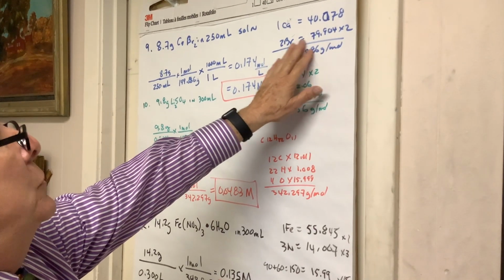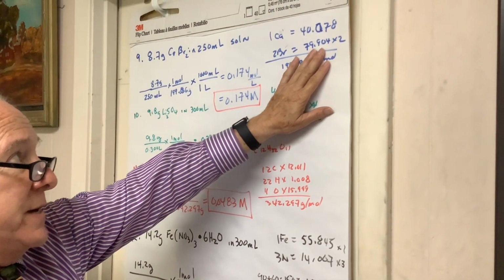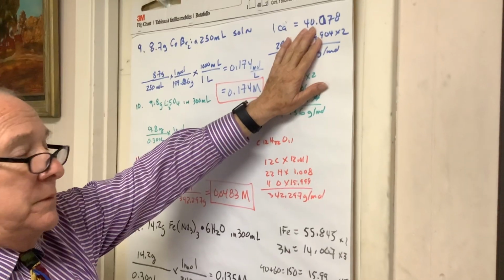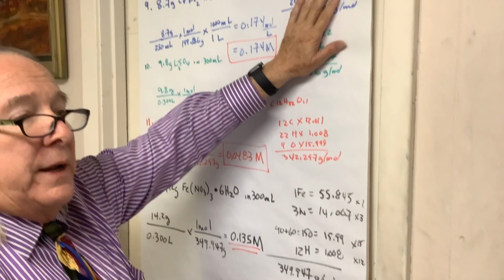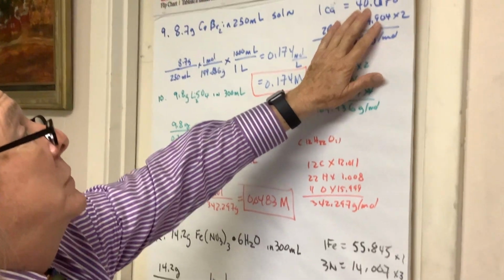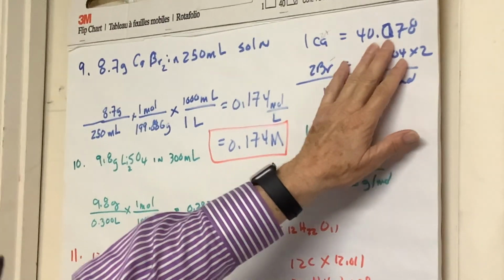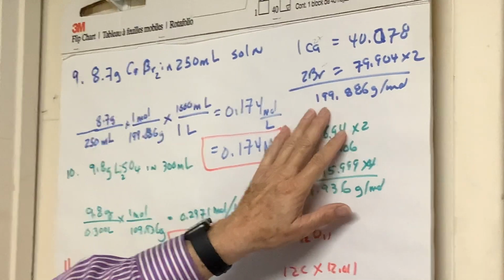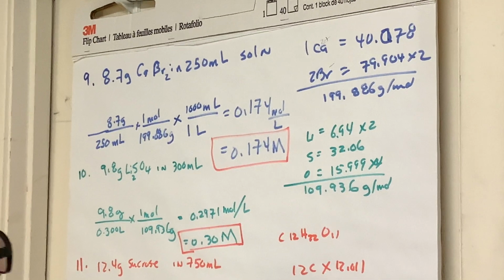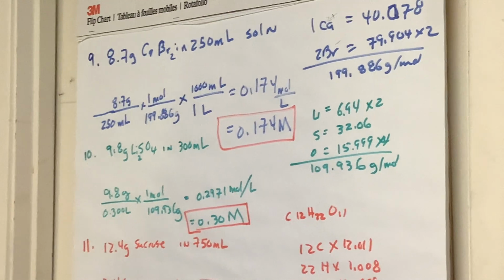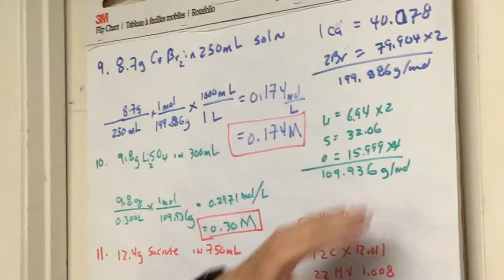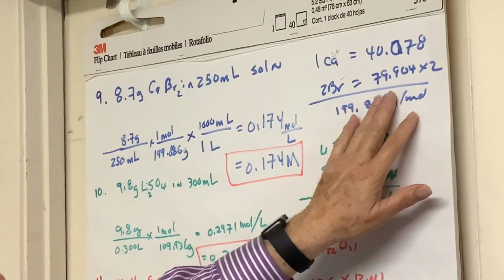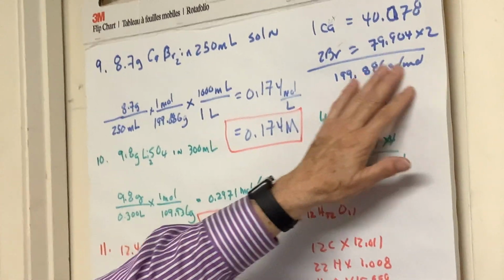If you add up 2 bromines at 79.904 and 1 calcium, a fairly light metal, period 3, 40.078, then you get 199.886 grams per mole.